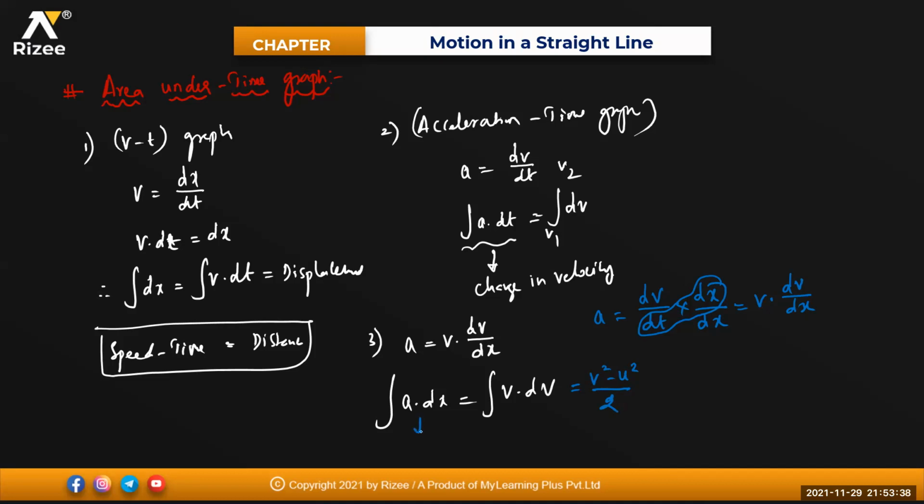So A into dx is nothing but the area of acceleration versus x, which will give me the change in V square minus U square divided by 2. Clear? Average acceleration.